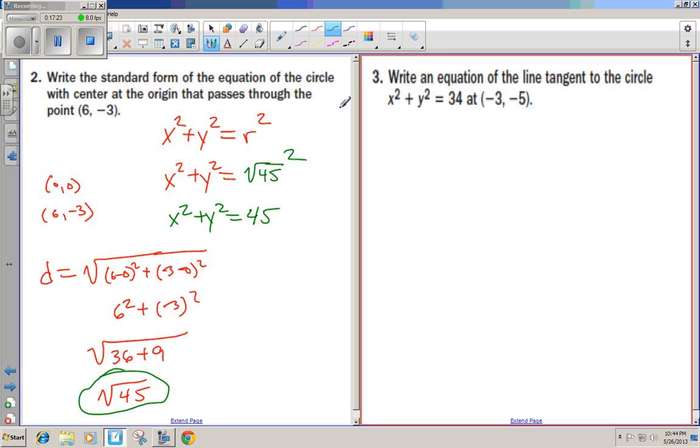Write an equation of the line tangent to the circle. All right, look, we have the equation. We actually know what the radius is, but the radius actually is not important for this. What we're looking for now is the slope of the given radius.